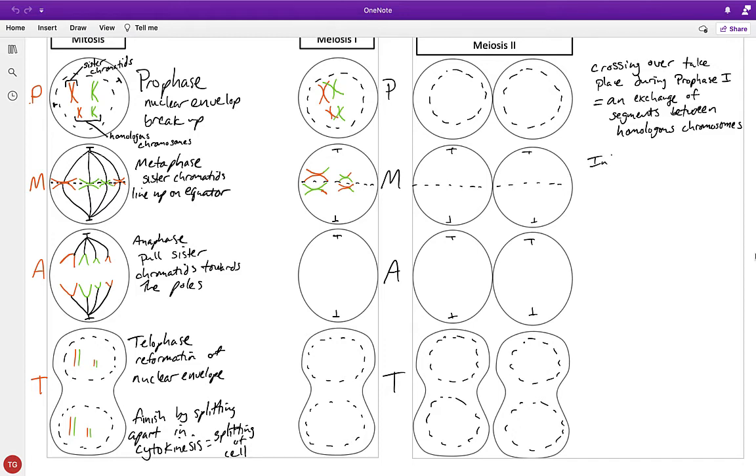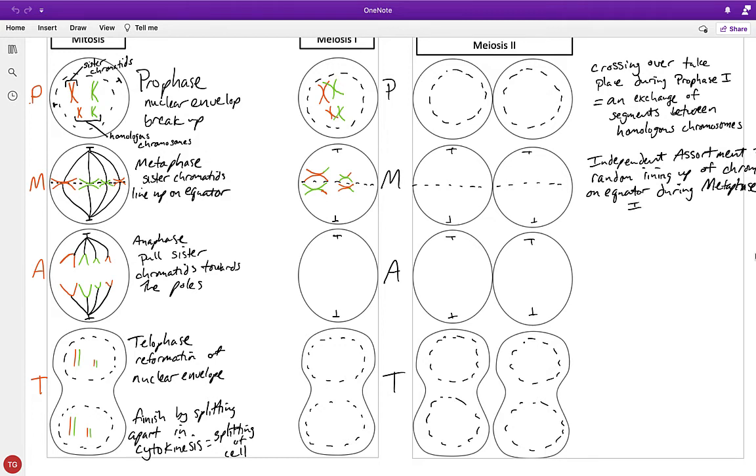So independent assortment, this is the random lining up of chromosomes on the equator during metaphase 1 and 2.